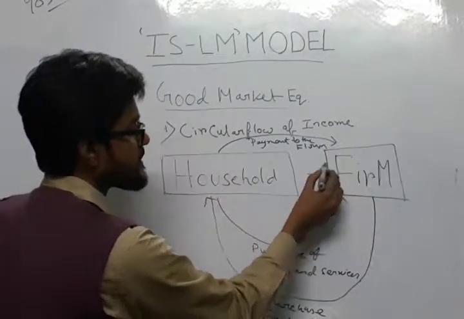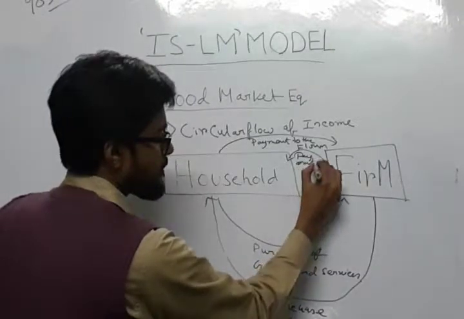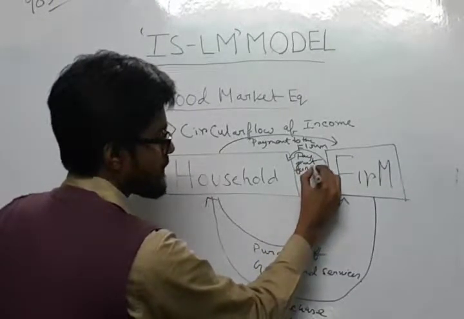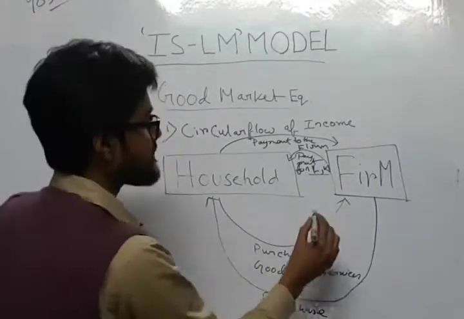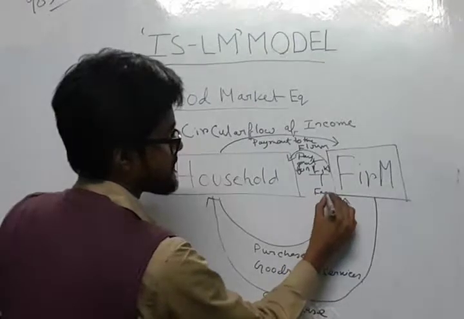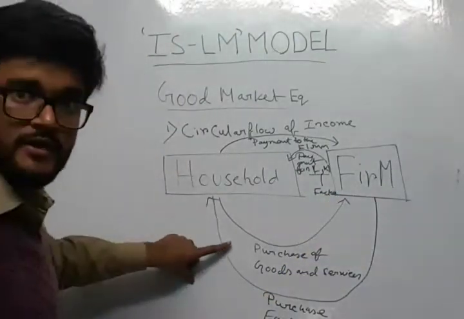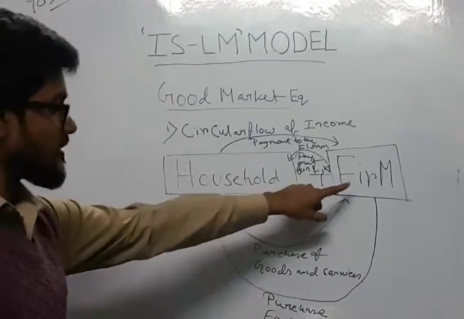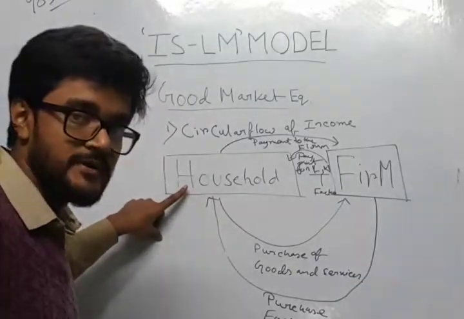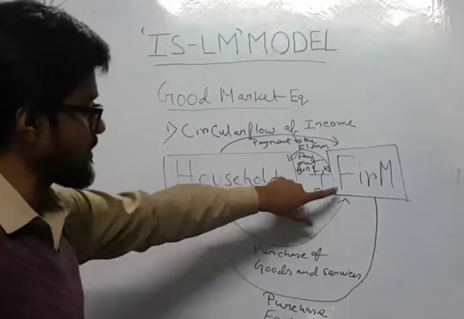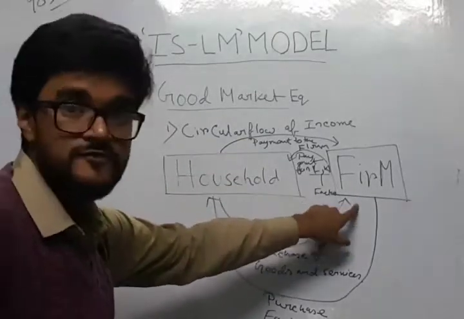So the firm makes a payment for, let's say, L and K. L and K means factors. Payments for factors. So here, as you can see, the firm purchases factors from the household, let's say labor or capital or inputs, and the household buys goods and services from the firm.